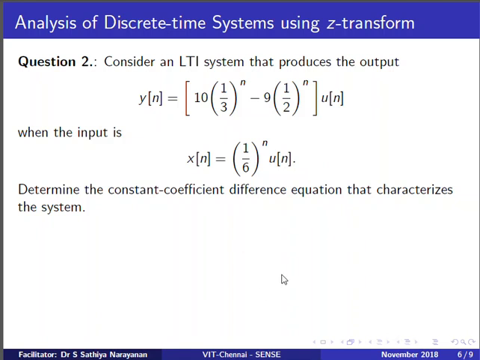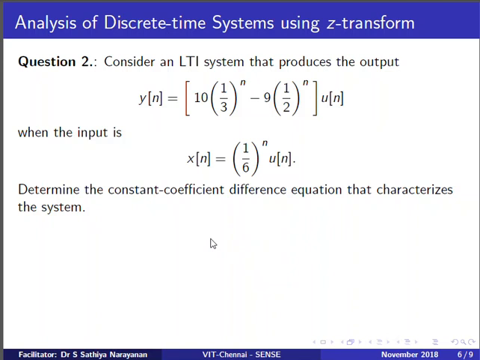Once we have that, we can determine the system function H of z, and since we will have the fraction Y of z by X of z, we can do cross multiplication and arrive at the difference equation. Let us go step by step.